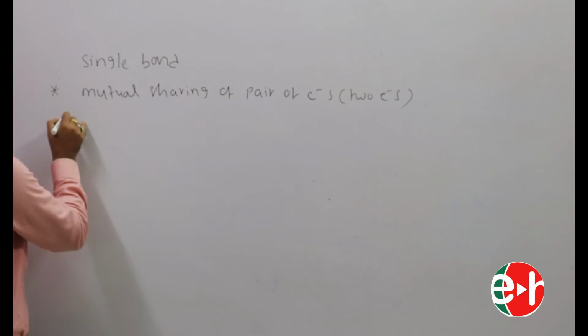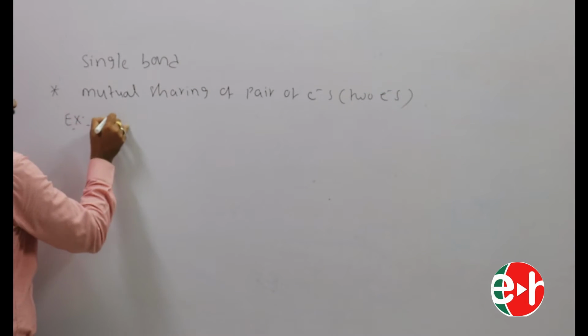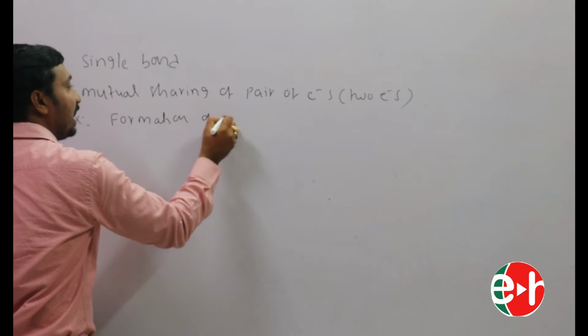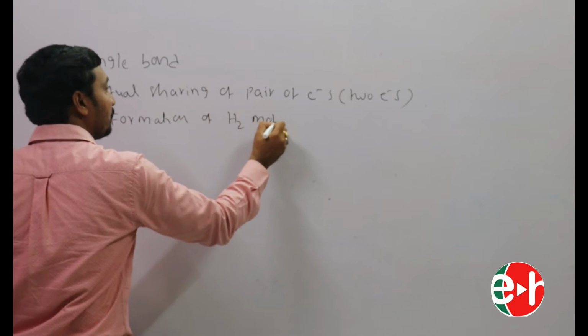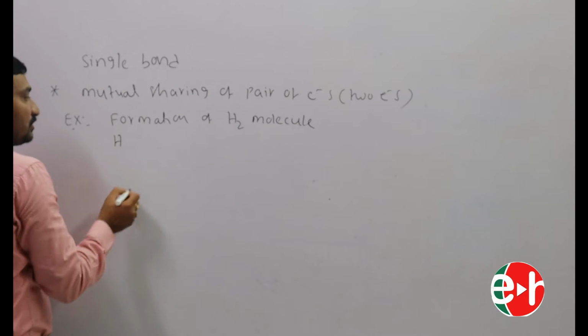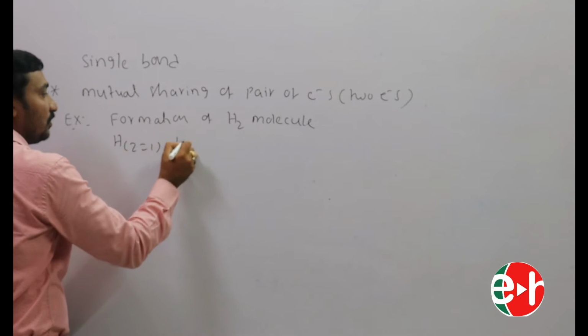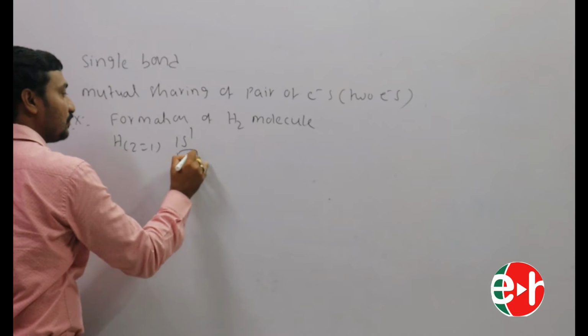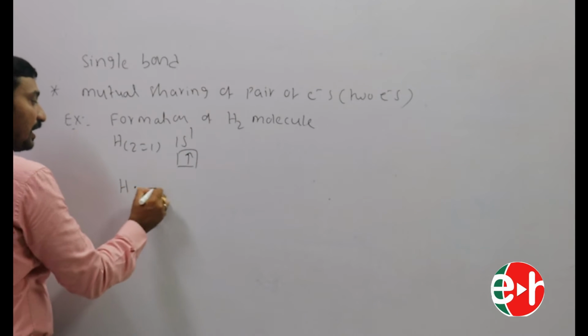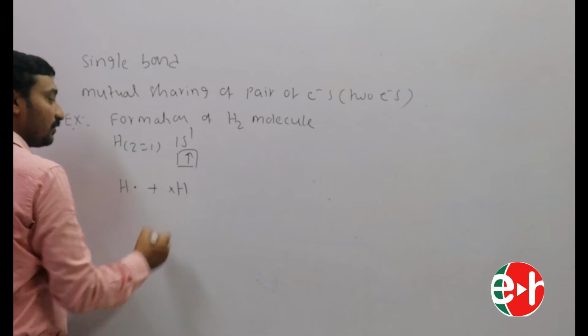For example, formation of H2 molecule. We know in hydrogen atom, atomic number 1, electronic configuration 1s1, it has one unpaired electron. One hydrogen atom has one unpaired electron, another hydrogen atom also has one unpaired electron.